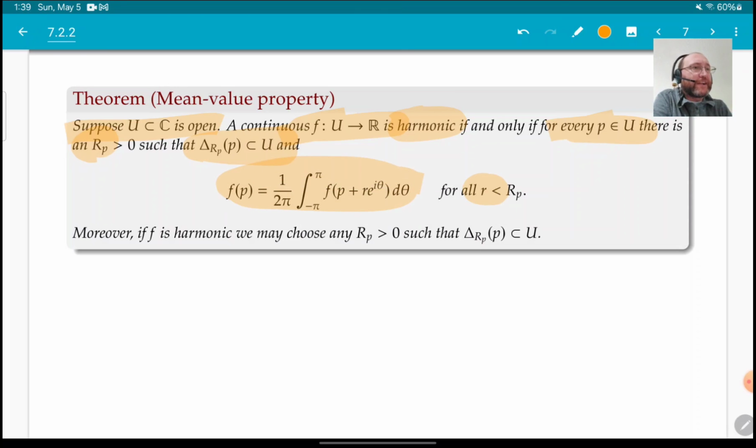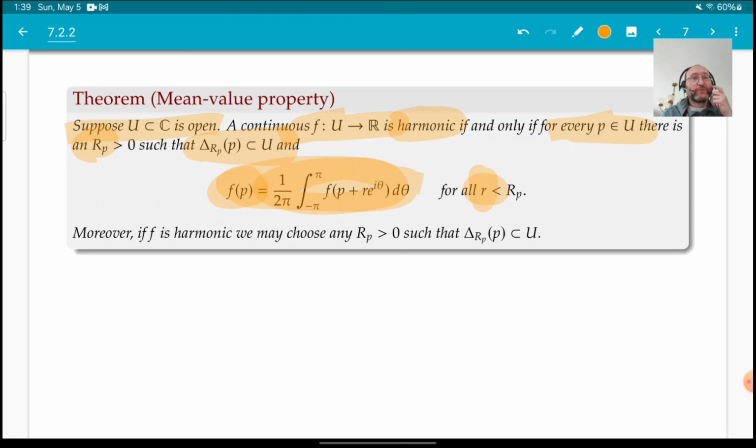you have the mean value property. So you have that the value of the function is equal to its average on the circle of radius little r. And this capital R doesn't have to be the maximal one that fits in U. It just means that there is some capital R at every point.